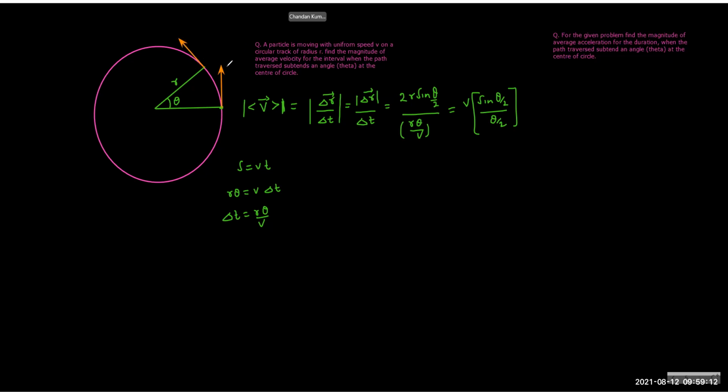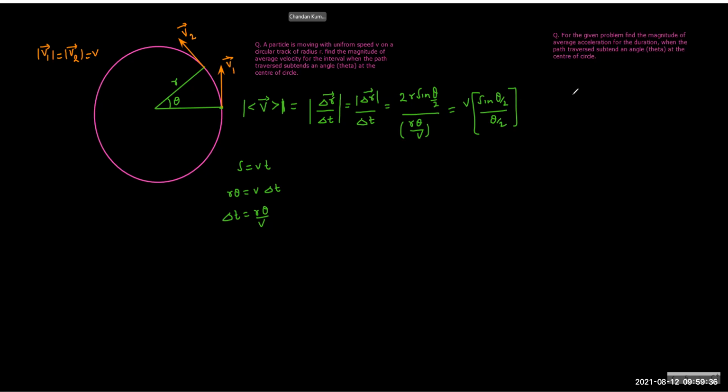These vectors are not the same. So this is v1, this is v2. What is interesting is that the mod of v1 is the same as the mod of v2, which is v, because the speed is constant. The magnitude of velocity is called speed, which is the same all the time.